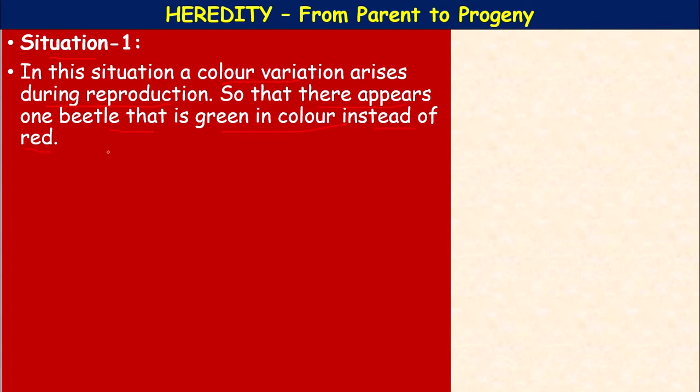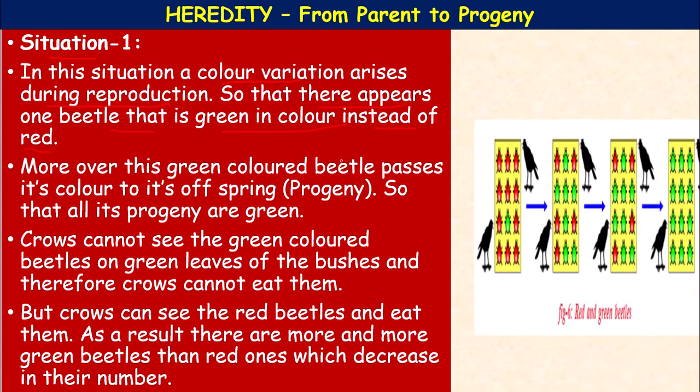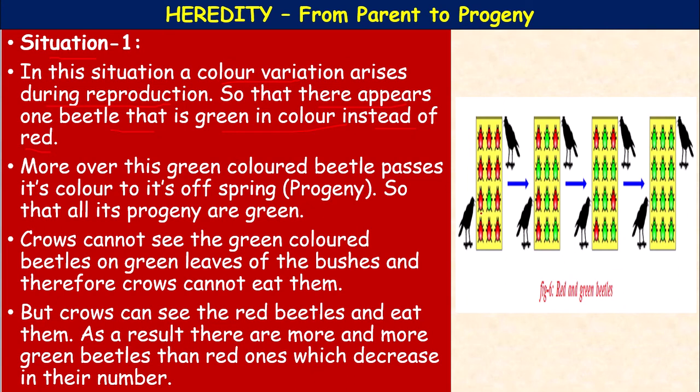Here 12 beetles are there, out of which one appeared green. Moreover, this green colored beetle passes its color to its offspring, the next generation, so that all its progeny are green. They undergo sexual reproduction and produce more green beetles.